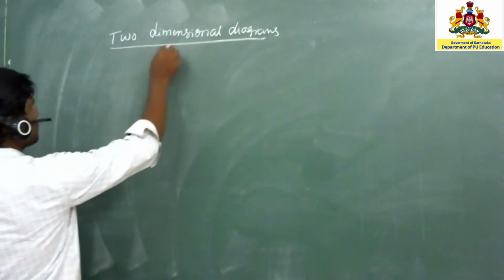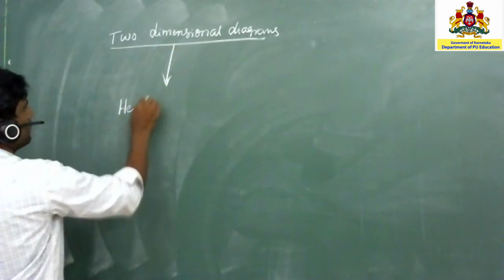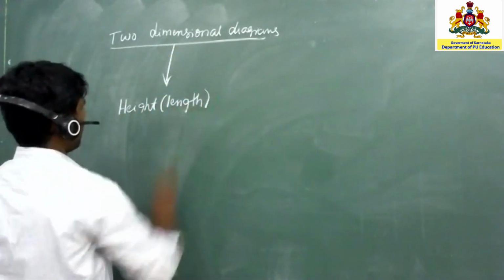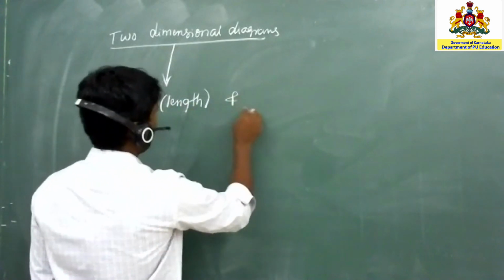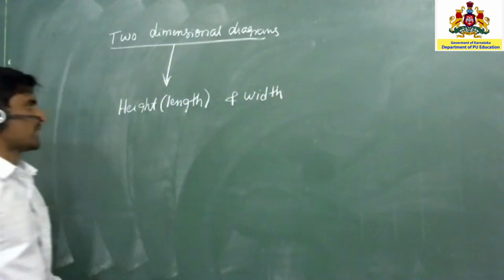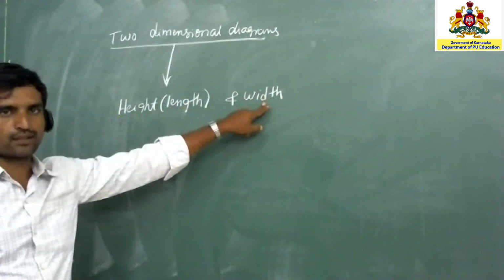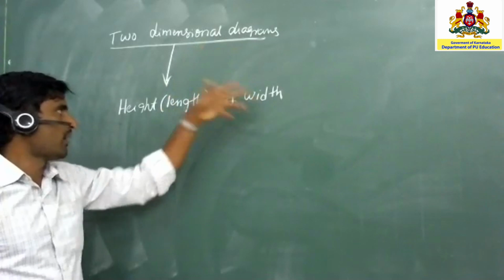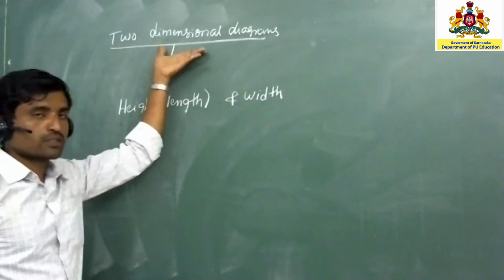Here we consider height or length along with width. So we consider both height as well as width, and that is called a two-dimensional diagram. Okay, width along with the height or length, that is called two-dimensional diagrams.